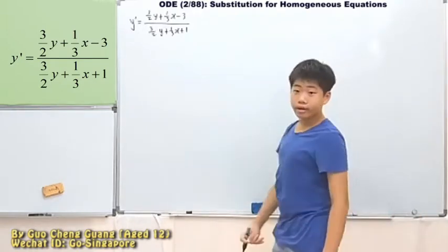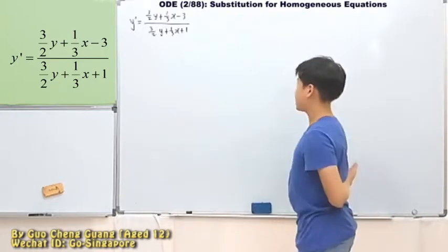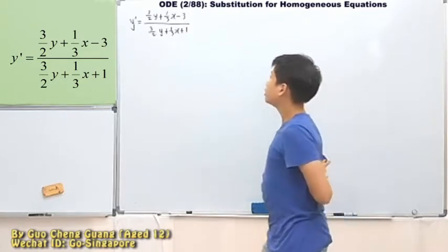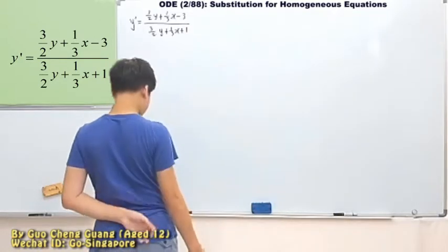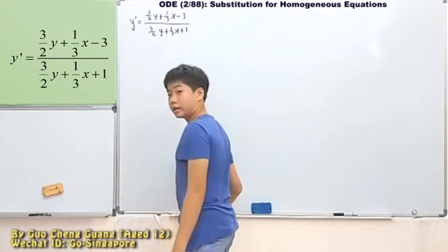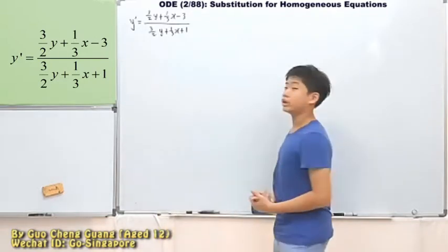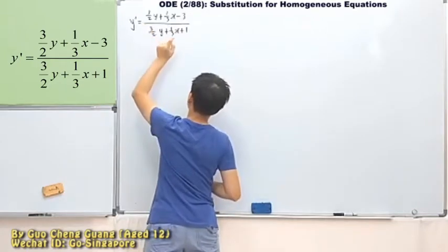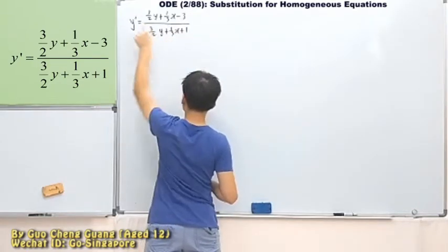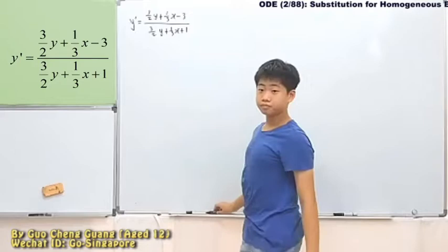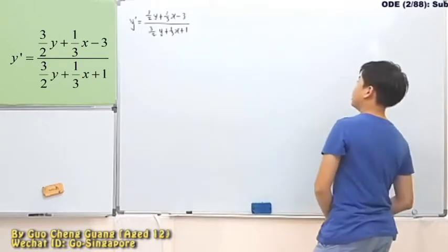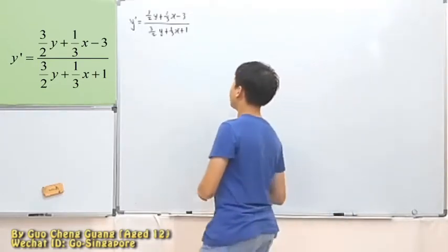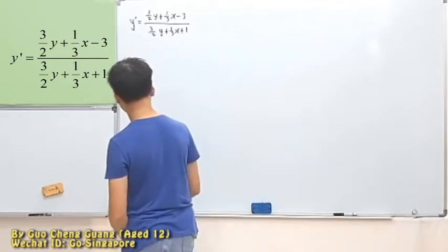This is our example for this lesson. Let's first take a look at what kind of ordinary differential equation this is. It is first order, non-linear, non-homogeneous.